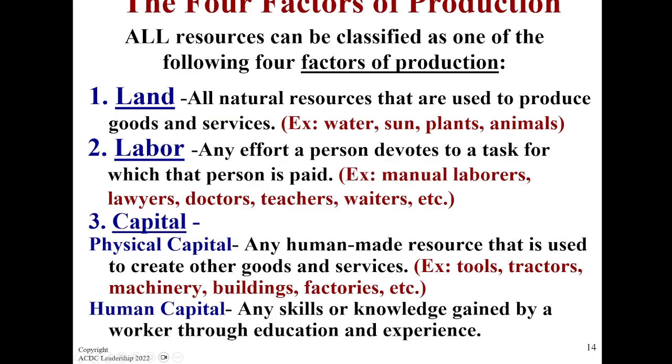Natural is the key word here. Resources that are used to produce goods and services. So land is exactly what it sounds like. It's the place you use to set up your factory, the trees you use, and the land you use; that falls into the first category.